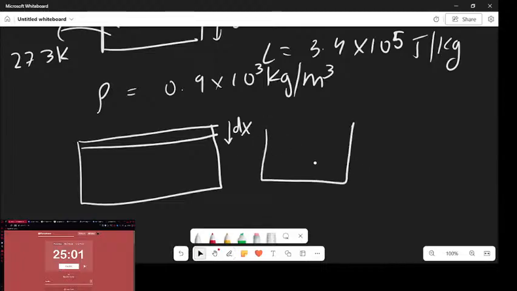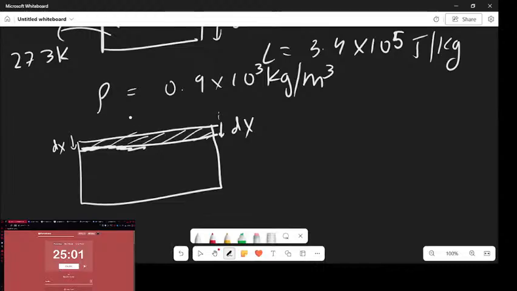This thickness dx part of the pond has been converted to ice.